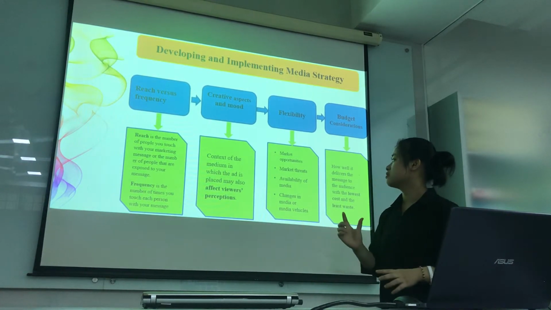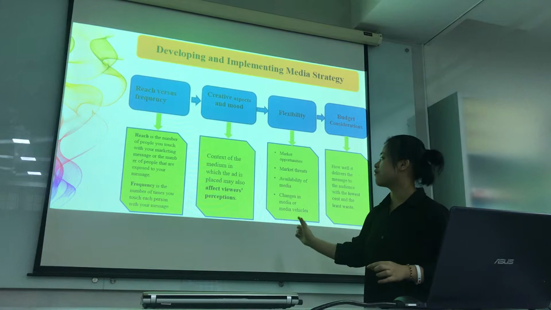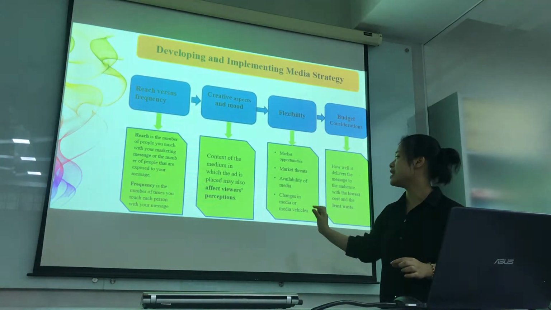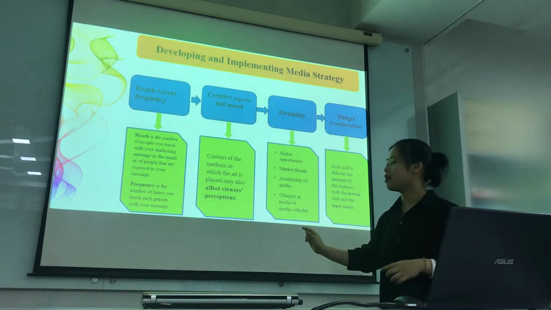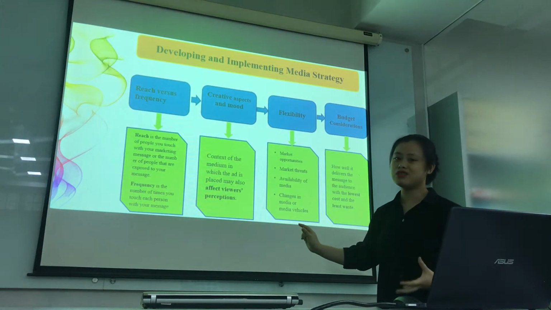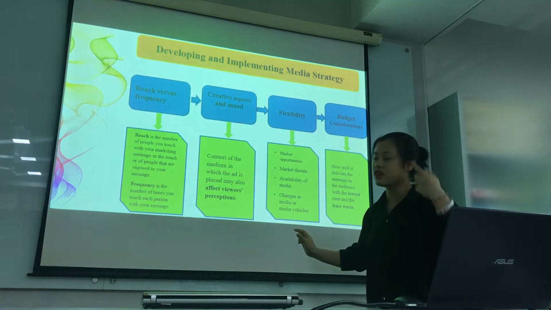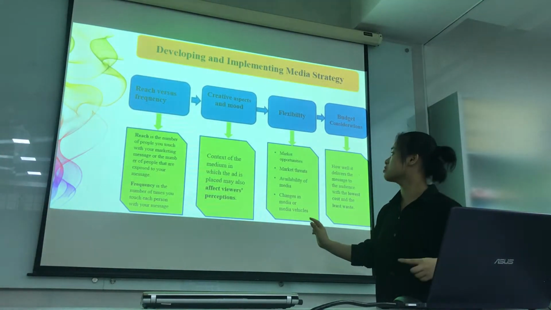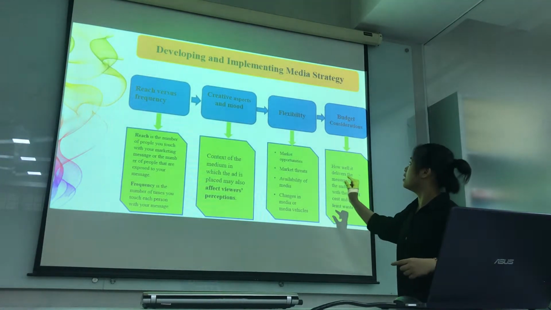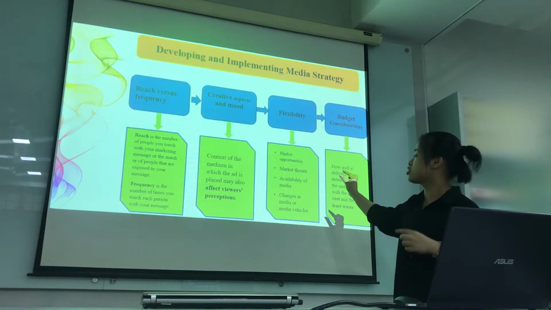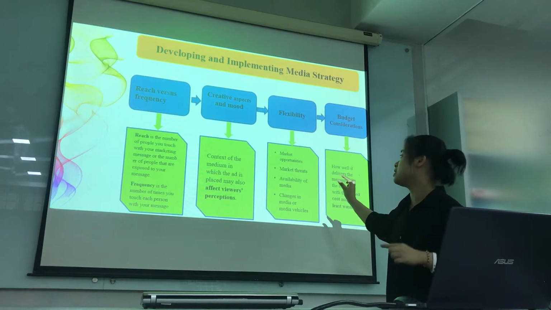You know that the context of the medium in which the ad is placed may affect viewer perception. For example, their emotion and their thinking may affect their awareness. In the media strategy, you also need to be flexible.